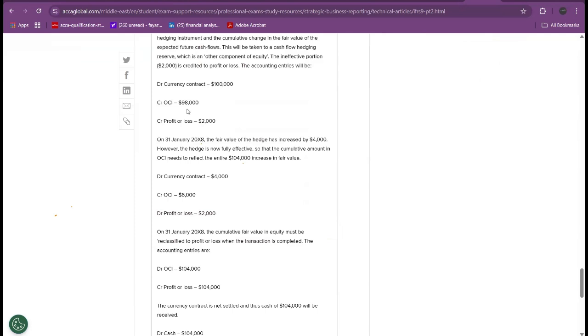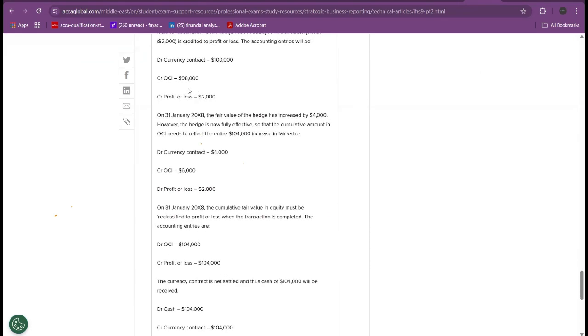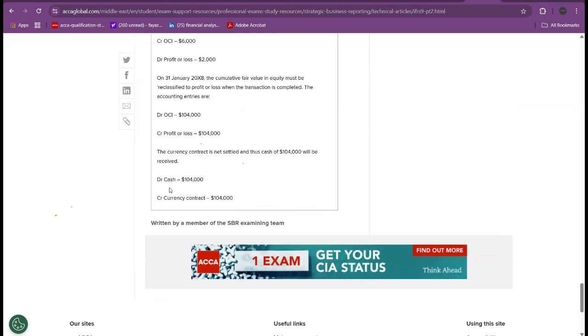In that case, we will simply write debit the currency contract, the derivative. So I described it as a liability, but that was wrong. And finally, when it is settled, we will debit the cash that we receive, the gains that we receive, and we will credit the currency contract. It's like telling that the asset is over now, we have settled it, and the currency contract is gone out of our balance sheet as an asset. So this is what it is.